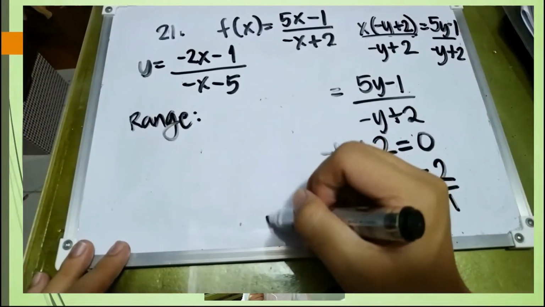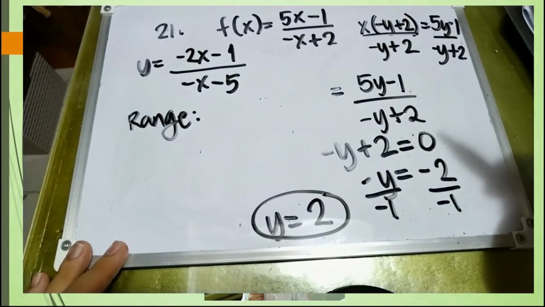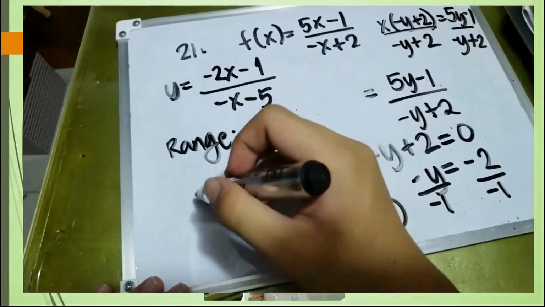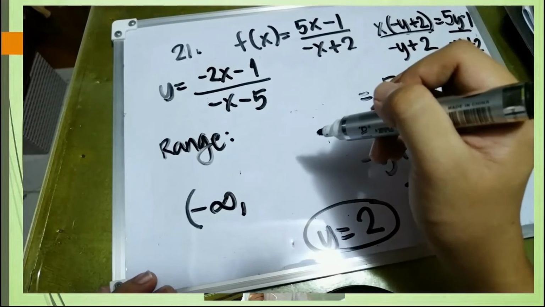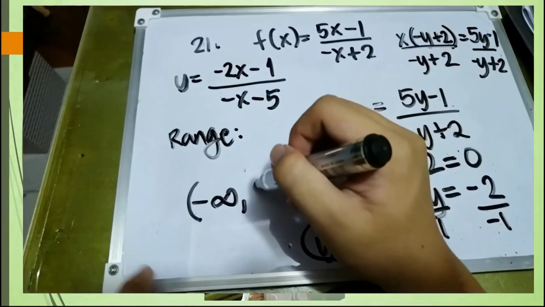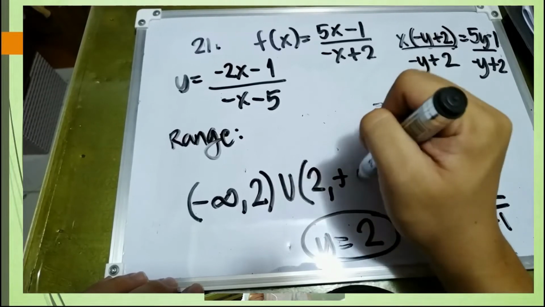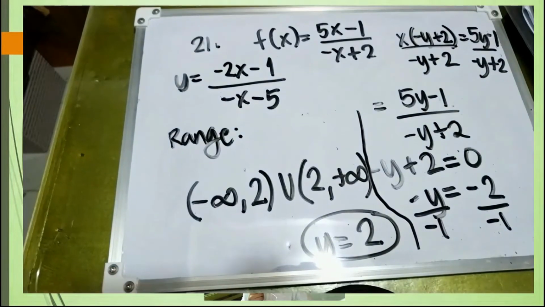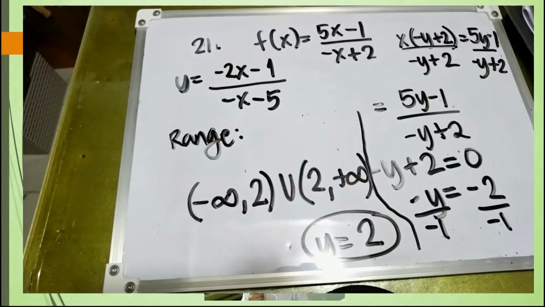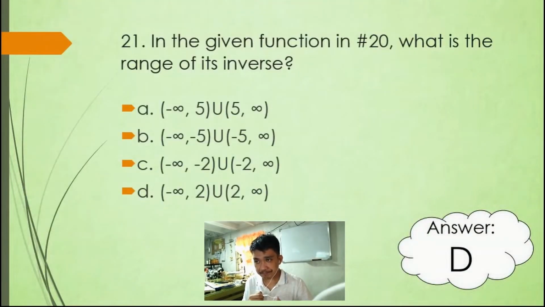So, y is equal to positive 2. So, the range here is negative infinity to 2 union with 2 to positive infinity. So, that is the answer. Now, the answer is letter D.